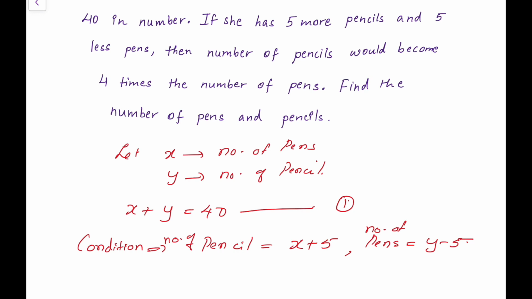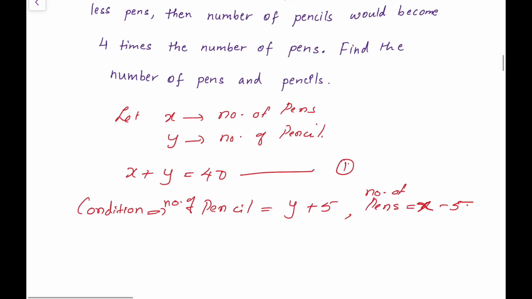She has 5 more pencils. Oh, pencil is y, sorry. See, 5 more pencils means pencil is y I have taken. So y plus 5. And number of pens is x minus 5. Okay, so you have to be very careful while writing.